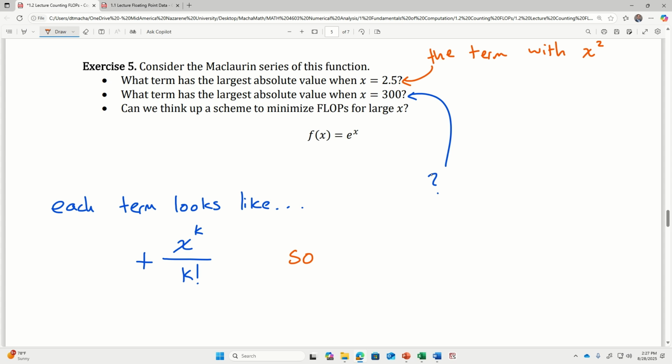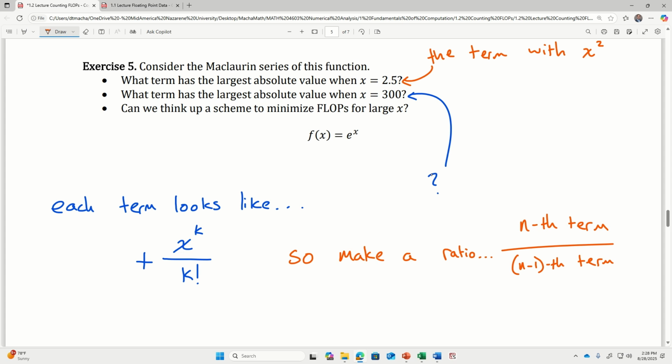So make a ratio, and this ratio is going to look like the nth term divided by the n minus 1th term.